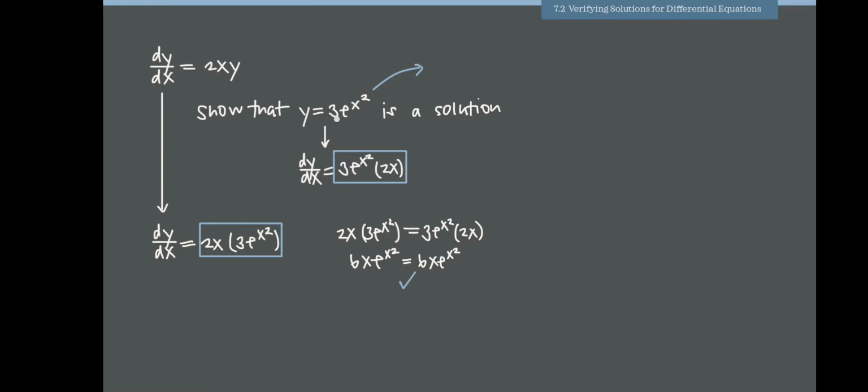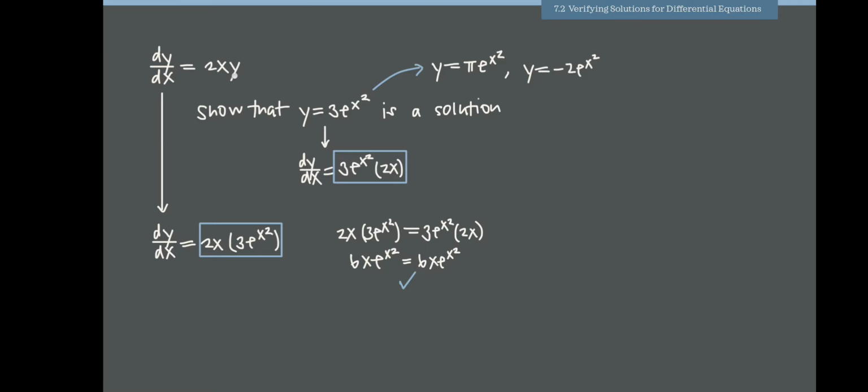If instead of y equals 3e to the x squared, we had had y equals, let's say, pi e to the x squared, or maybe we would have had y equals negative 2e to the x squared. The idea is that we can replace that constant 3 with any other constant, and if we go through this same verification procedure, what we're going to see is that both of these are solutions to this differential equation as well.